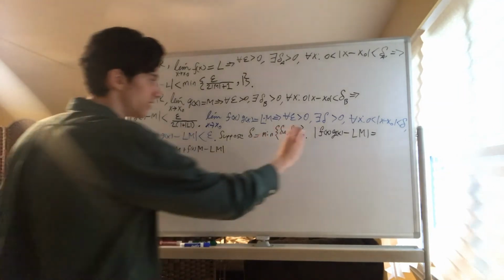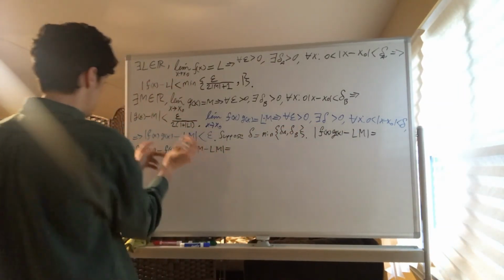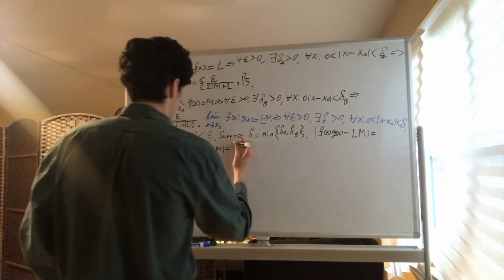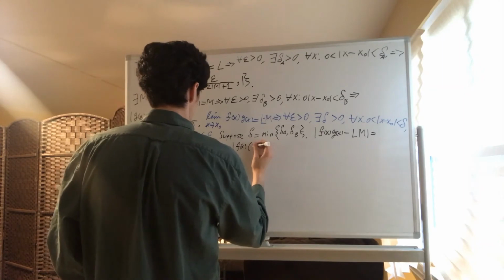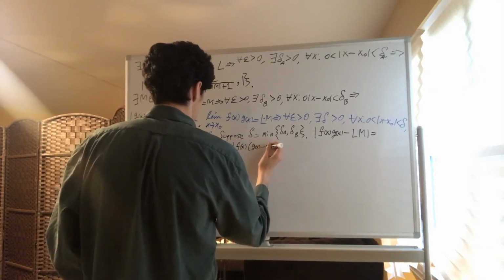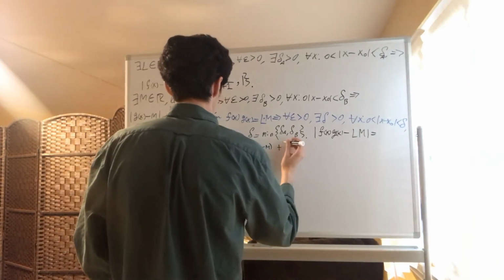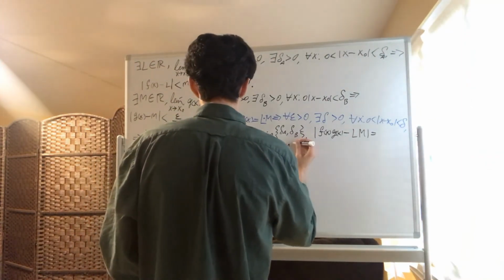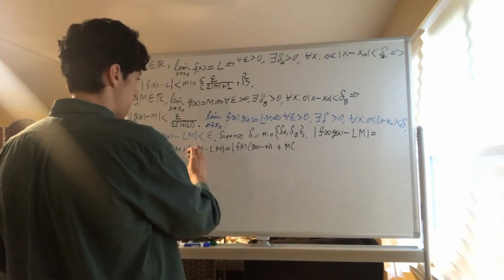This is still equal. And then this is equal again by factoring. So we have f(x) times (g(x) - m) plus m times (f(x) - L).